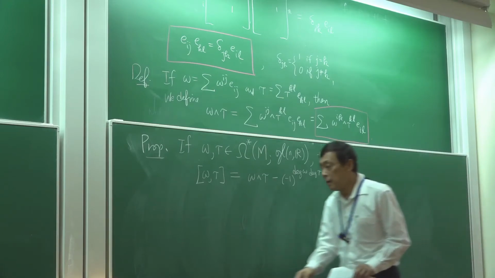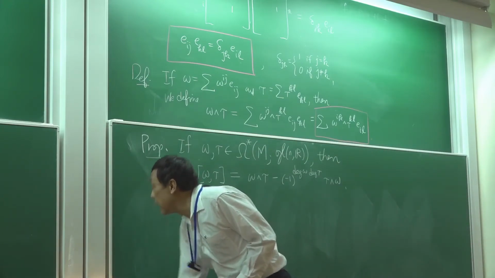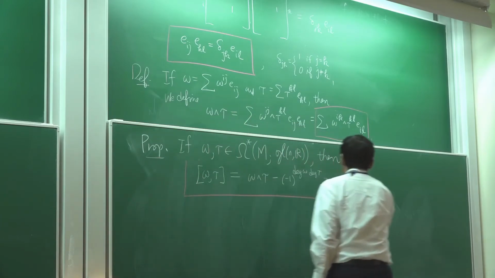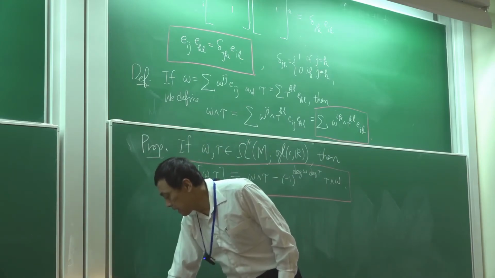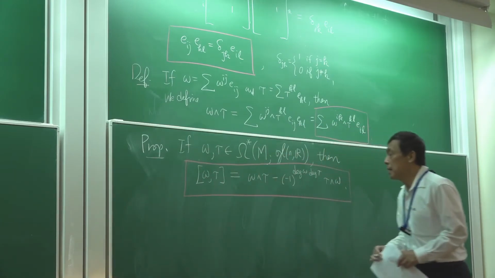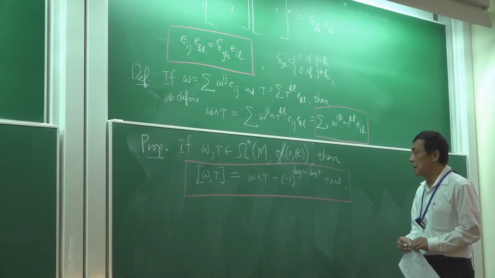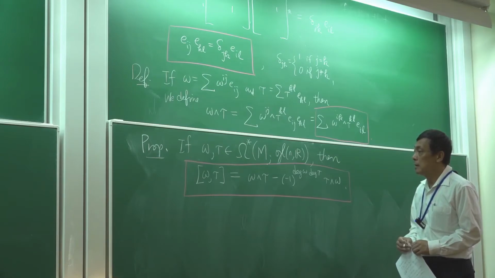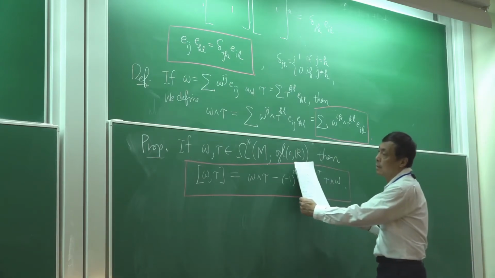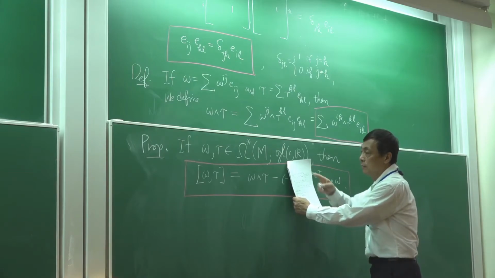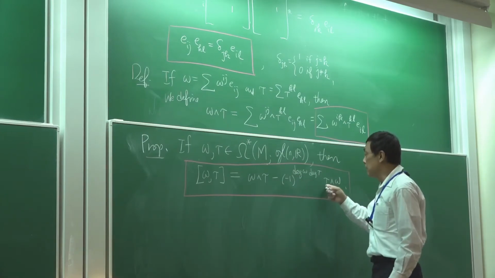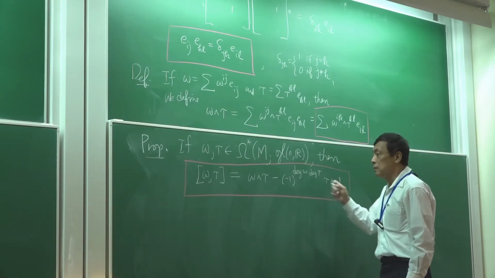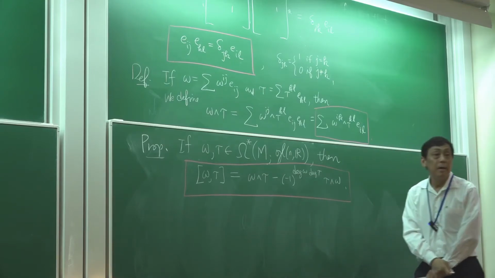So we have this formula. Normally the bracket of x and y is xy minus yx, but here these are graded things, so when you interchange them you have this extra sign.